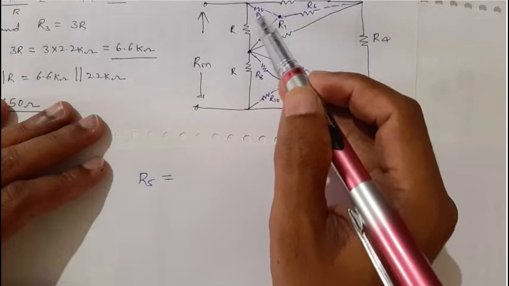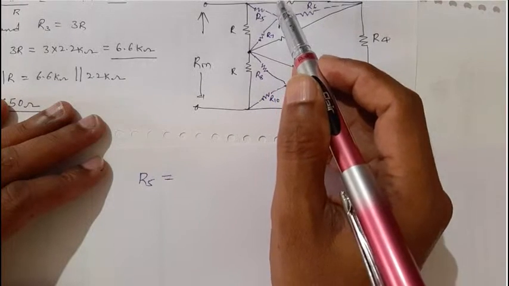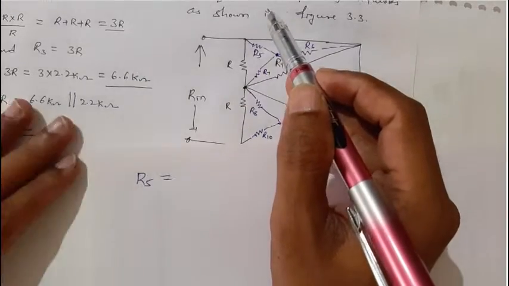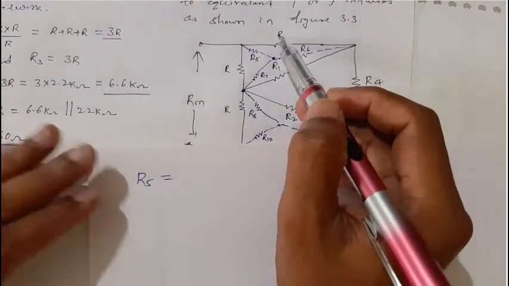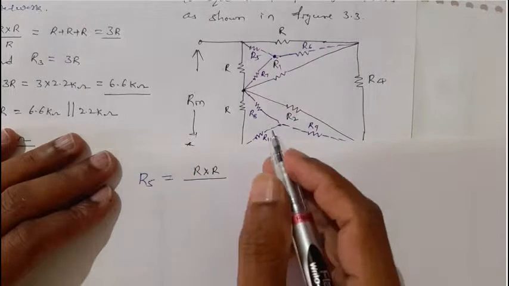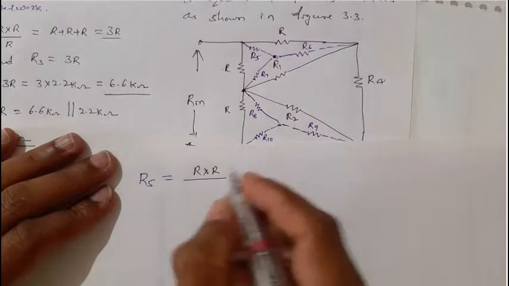So to R5, these two resistors are adjacent. These two resistors, R and R.